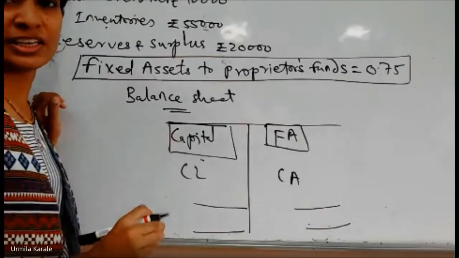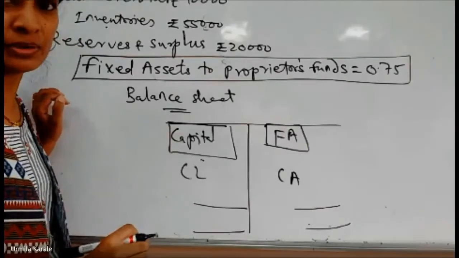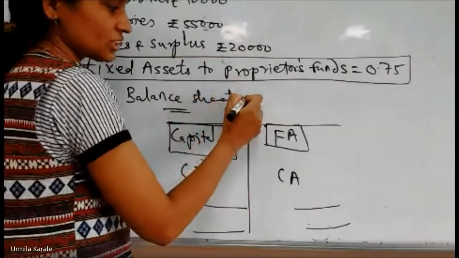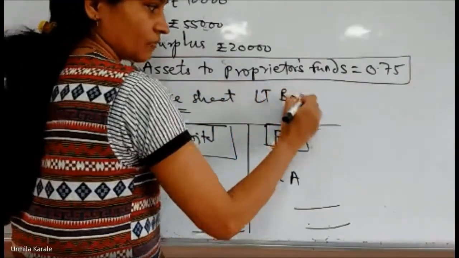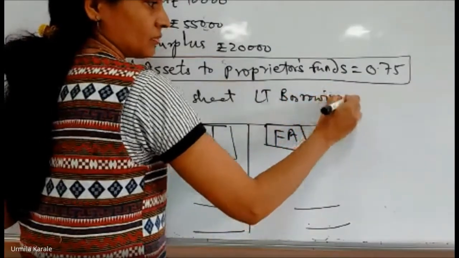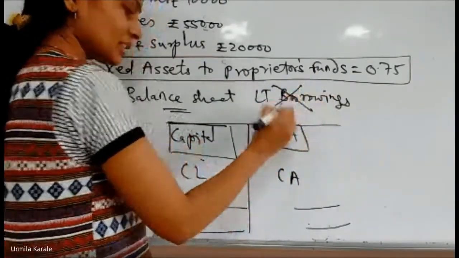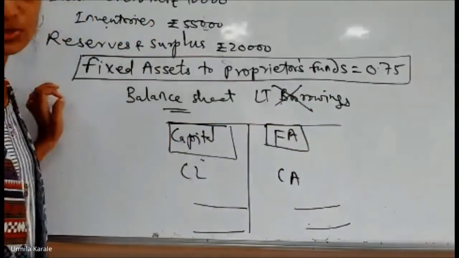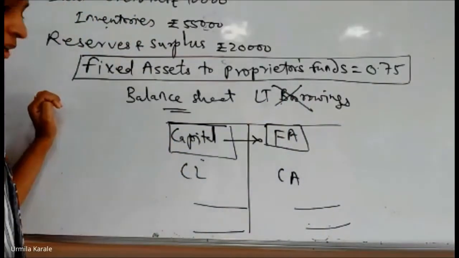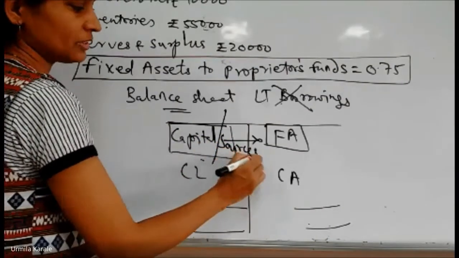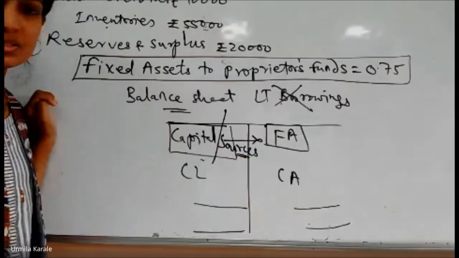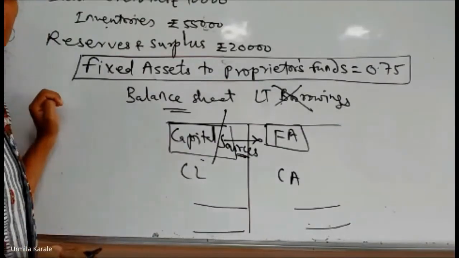Means there is only equity capital, no borrowed capital. If there are no long-term borrowings, it means only your own funds you are using. This is the source from where you have got the money.